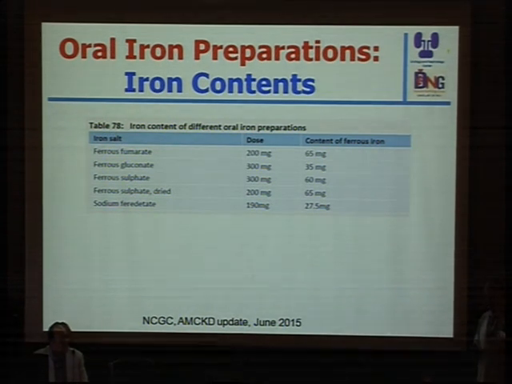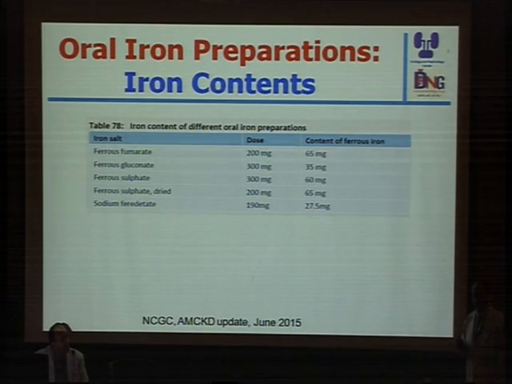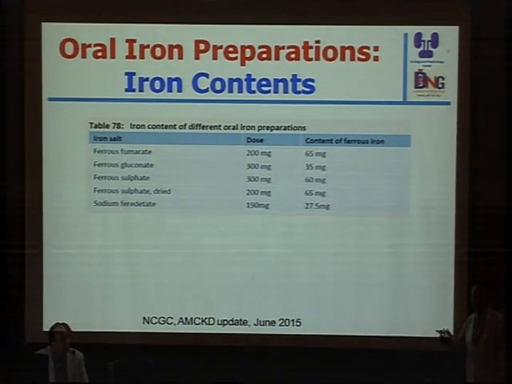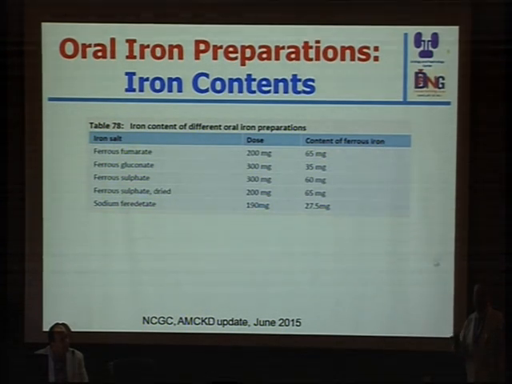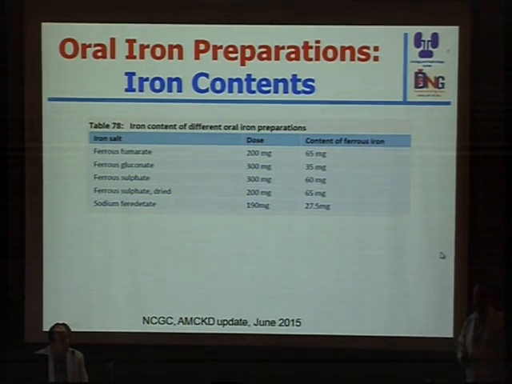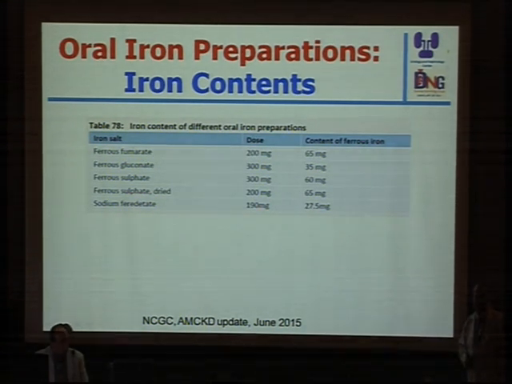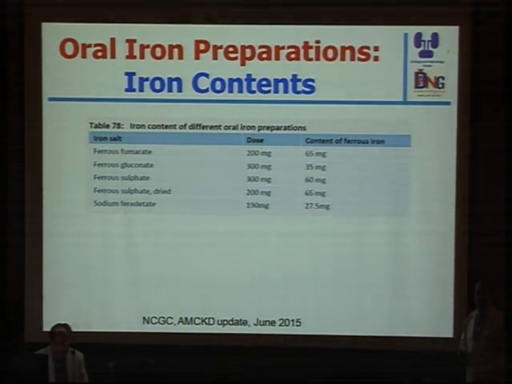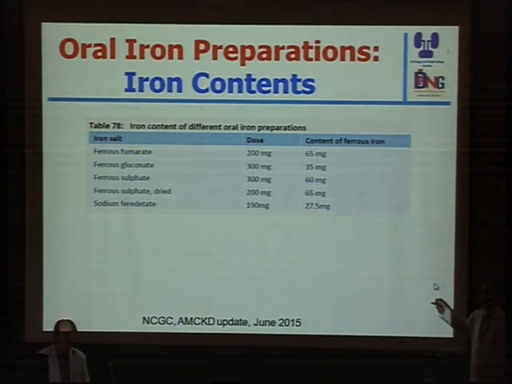first of all, when you decide to give the patient oral iron, this is for CKD without dialysis. So if I have a patient who is just CKD, not dialyzed yet, I should start with oral iron. Why? Because there is a randomized controlled study that I present to you.